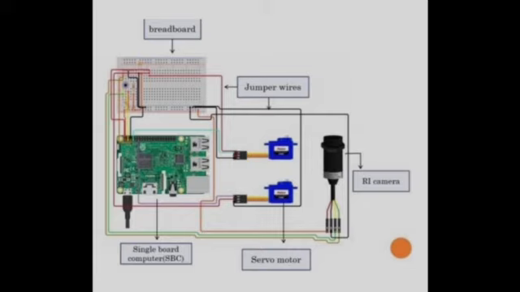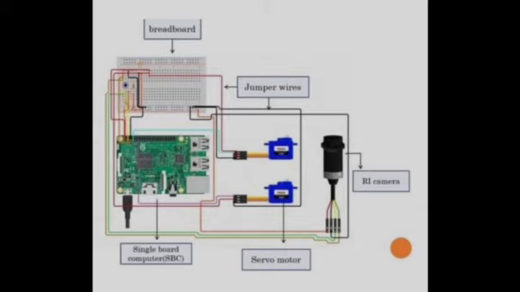It is connected to the breadboard. A breadboard is a solderless device for temporary prototyping of electronics and test circuit design. They are used for creating electrical connections between electronic components and the single board computer. Servo motor.